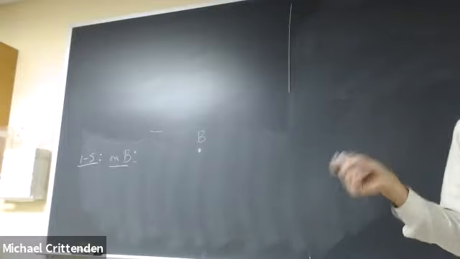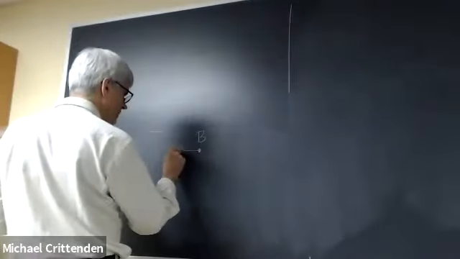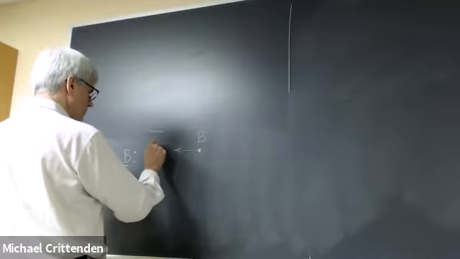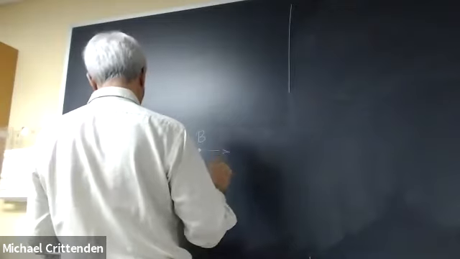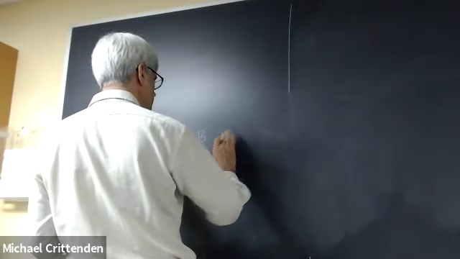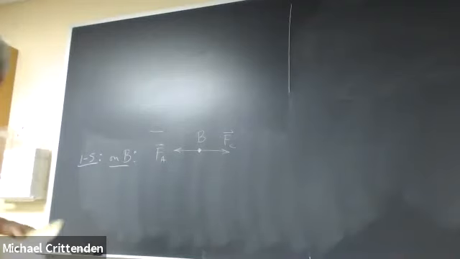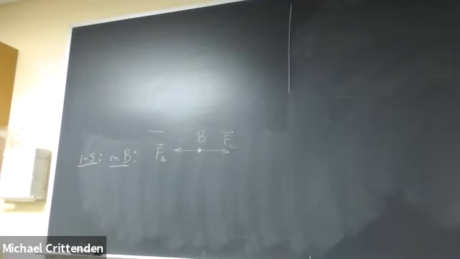The force, let's see, B is negative, both the others are positive, so B is attracted to both of the others. So the force on B from A is that way, and the force on B from C is the other way, and both of those forces are given by Coulomb's law.